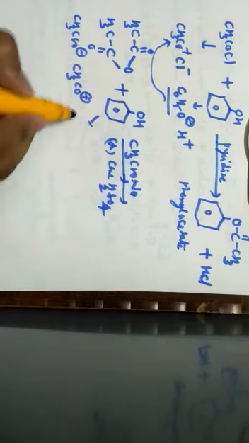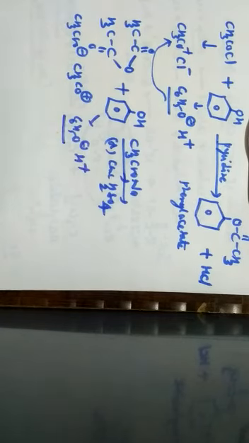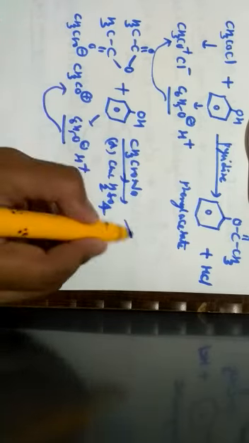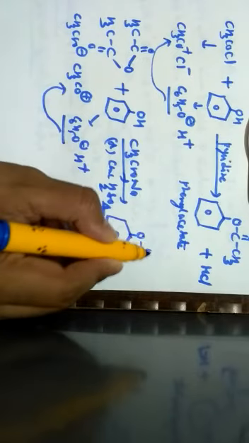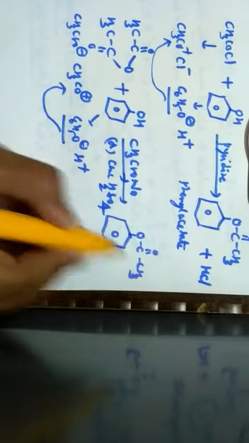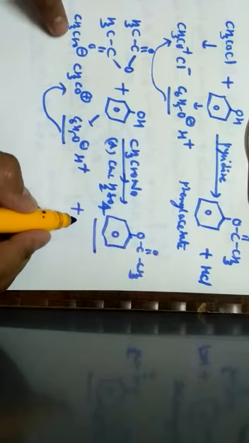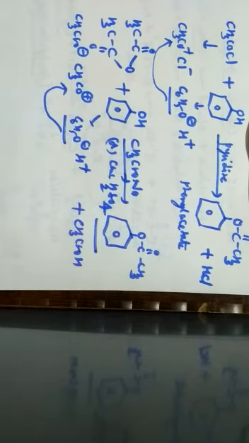Here phenol ionizes to form C6H5O minus and H plus. This C6H5O minus can combine with CH3CO plus, which can readily give C6H5-O-CO-CH3, nothing but phenyl acetate, along with the formation of CH3COOH, that is acetic acid.